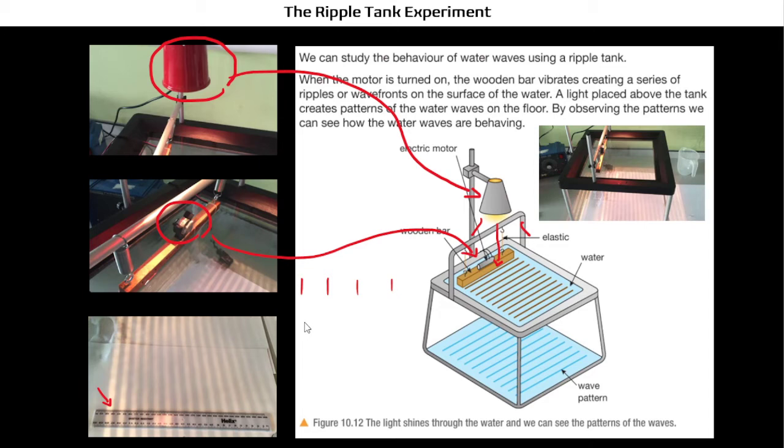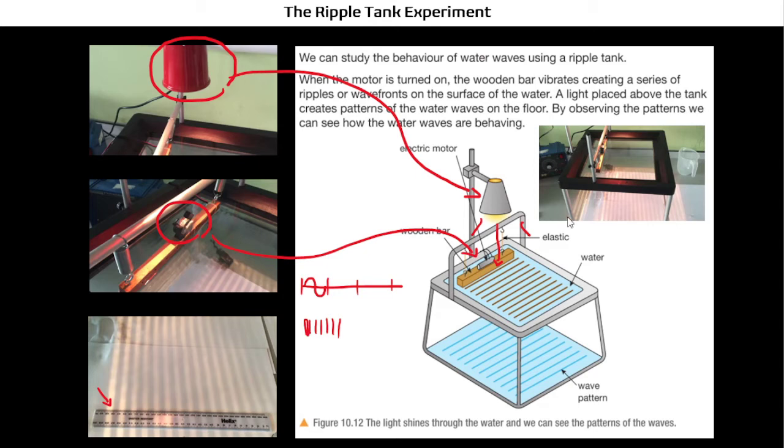It will hit like this: 1, 2, 3, 4, 5, 6, 7. Okay, so what you should notice here, that when the frequency was low, your wavelength was very much longer, but when your frequency becomes higher, your wavelength becomes very short.